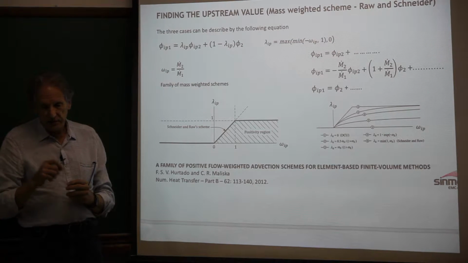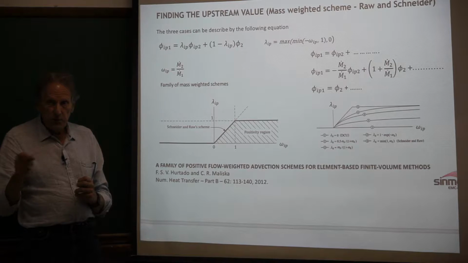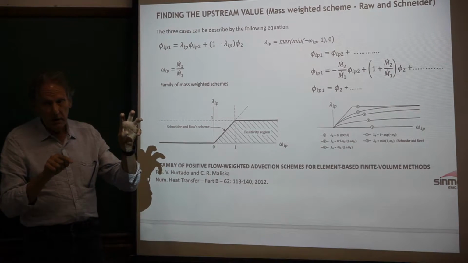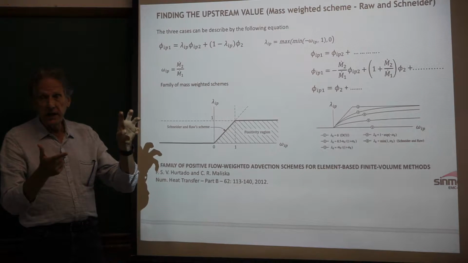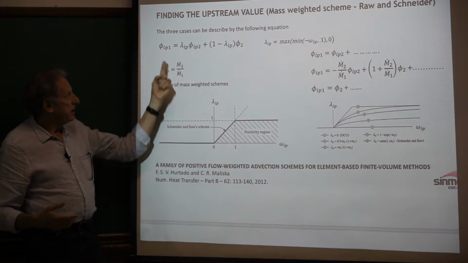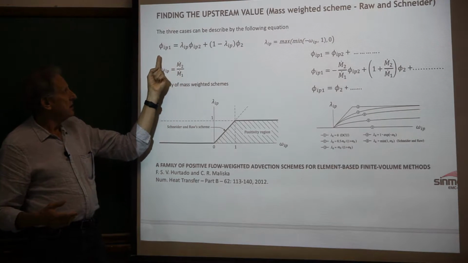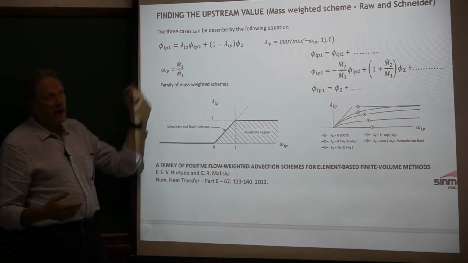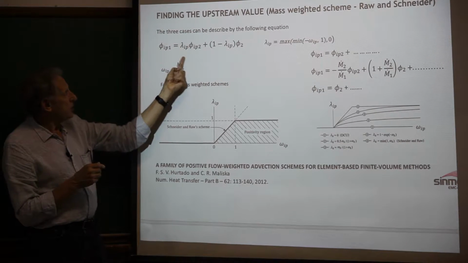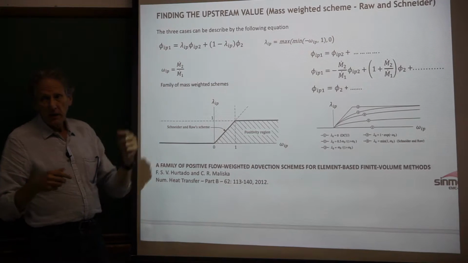In the second case, the phi at IP1 was dependent on phi 2 and also IP2. And the third case just depending on the phi 2. So you can put all together in an expression like that. The phi at integration point 1 is some part of the integration point 2.